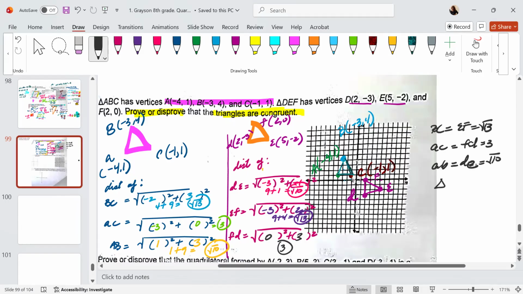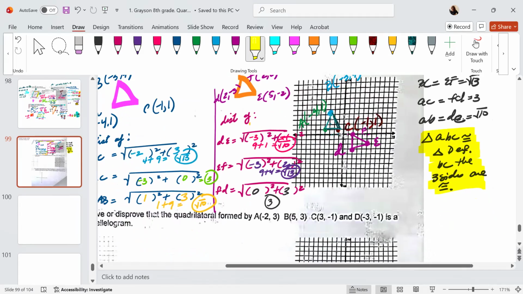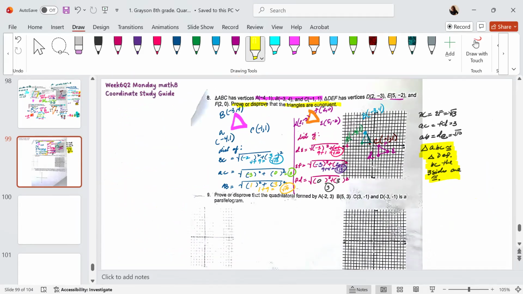So right there, triangle ABC is congruent to triangle DEF because the three sides are congruent. So check to see what you did, okay? You see? Okay, good. Now you're going to go on to number 9, and I'll go over it with you now.